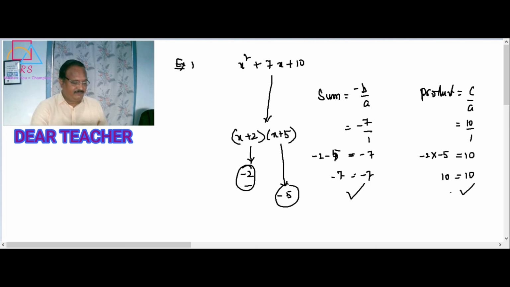This is one of the important questions. You may be getting it in exercise 2.2. This model is available. First question, find the zeros of the quadratic polynomial and verify the relationships.